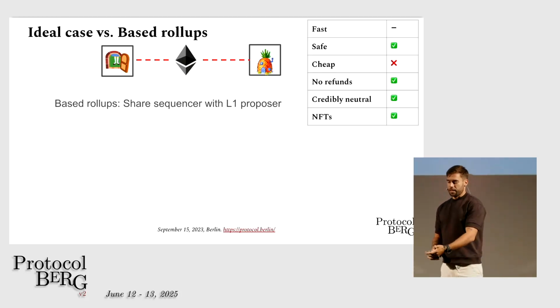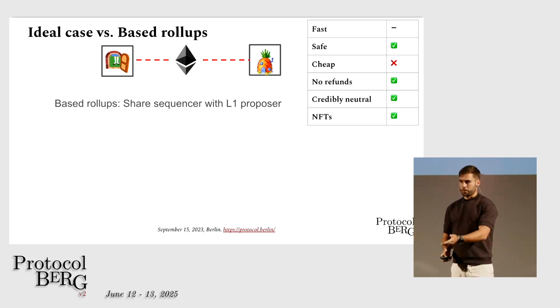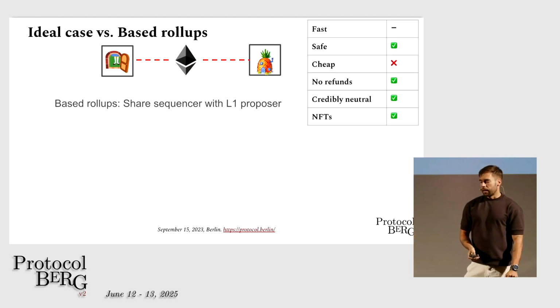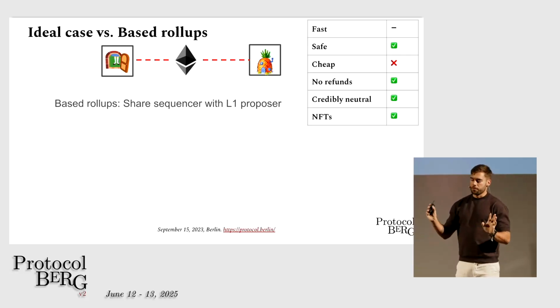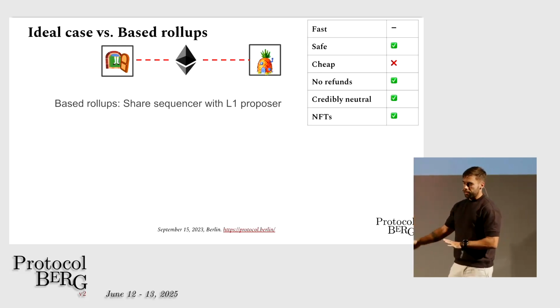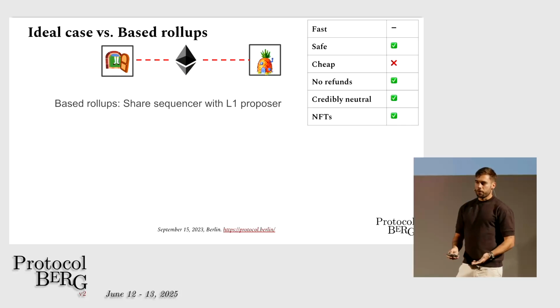But definitely, if we all share the sequencer with the L1 proposer, it does solve the problem. But if this is just based rollups without preconfs, I'm going to get into that in a minute, then you're following the latency of L1. So you're, again, not really that fast.